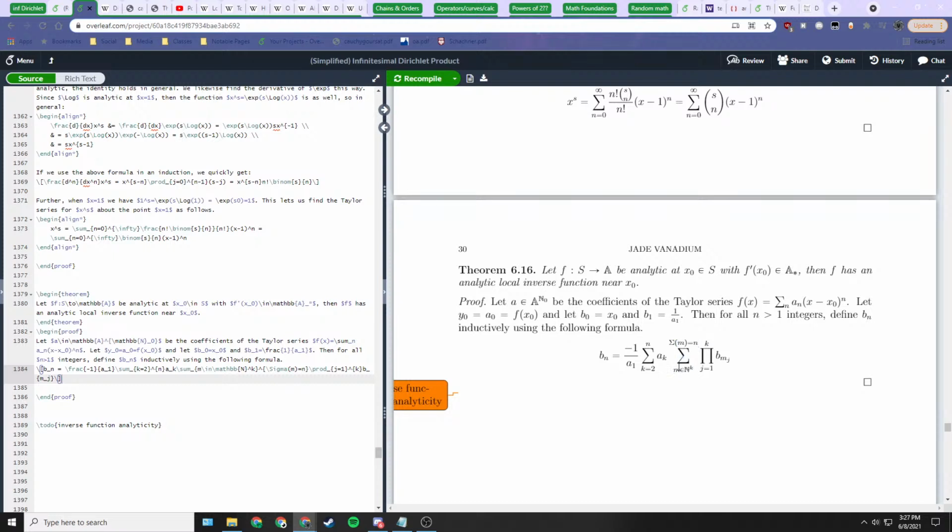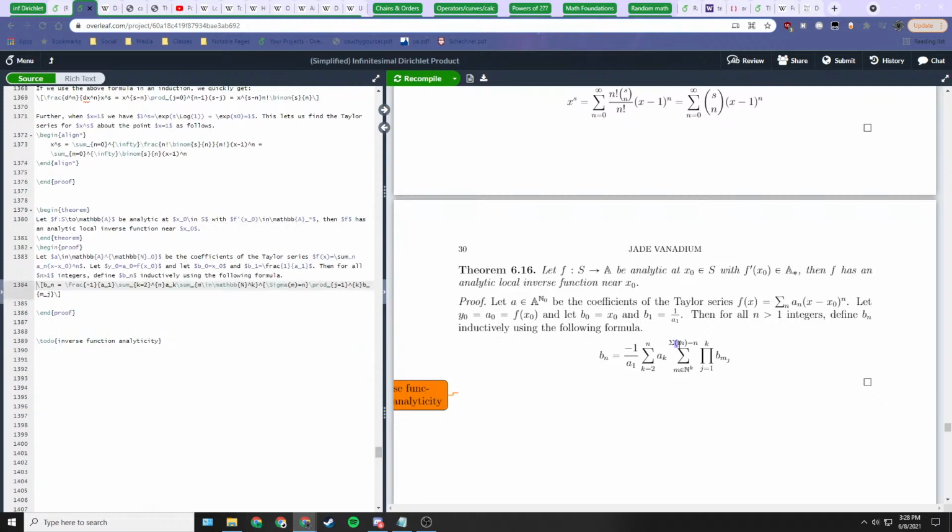This is the set of all m, where m is a k-length sequence of positive integers with the condition that if you sum up all the entries of that sequence, it equals n. And then for each of these terms, the summand is this product, the product from j equals 1 to k of b sub m sub j.